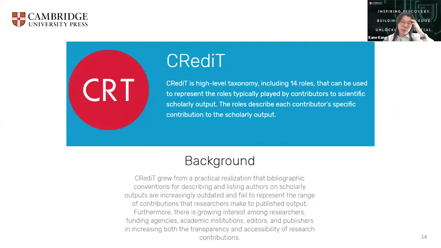And CRediT. This is a high-level taxonomy, including 14 roles that can be used to represent the roles typically played by contributors to scientific scholarly output. Simply put, when you're submitting your paper, journals want to identify who did what.